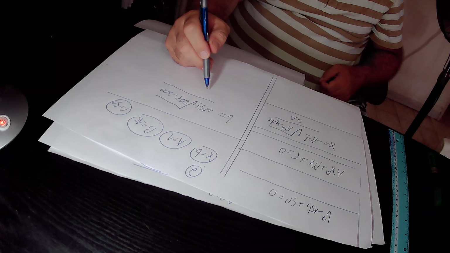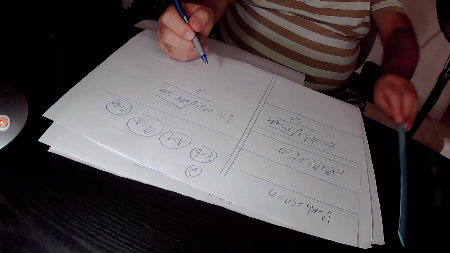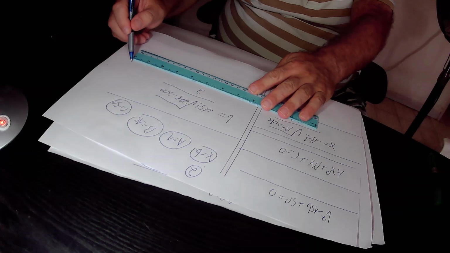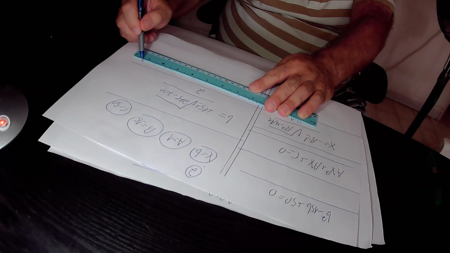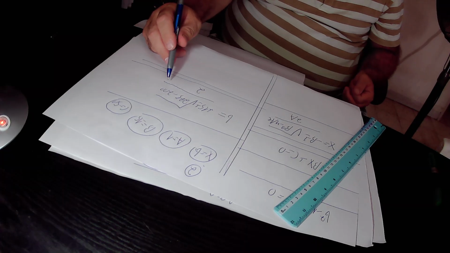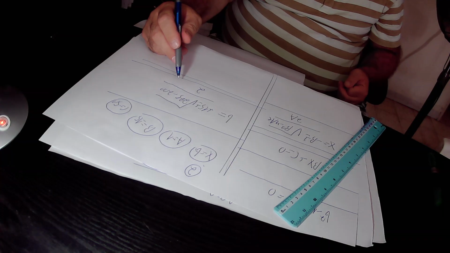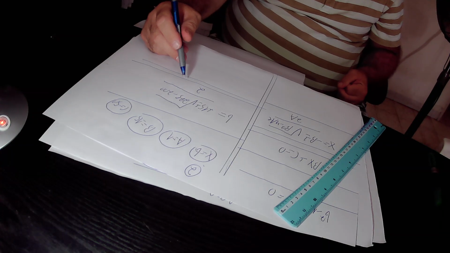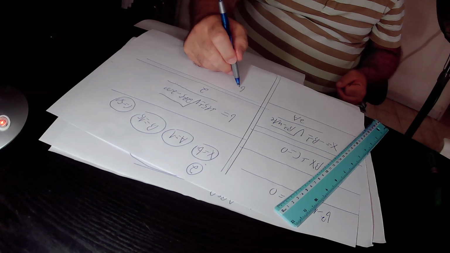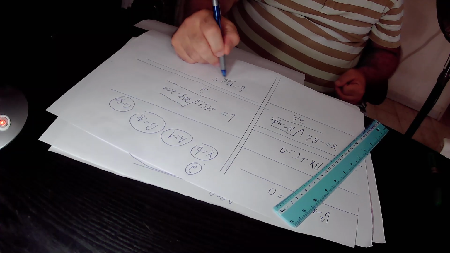A is 1, so 2 times a is 2 times 1, that is 2. So in total, we should find out that b equals 15 plus minus the square root of 225 minus 200. 225 minus 200 is 25, and the square root of 25 is 5. So b equals 15 plus minus 5 over 2.